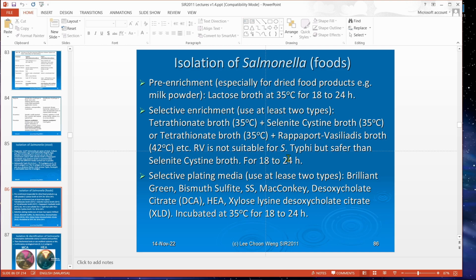So only after you enrich using this broth, you will carry out selective plating on all these types of media. So the normal ones: brilliant green, bismuth sulfite, Salmonella-Shigella agar, xylose lysine deoxycholate, Hektoen enteric agar, and XLD.